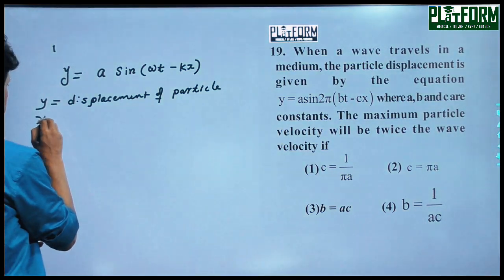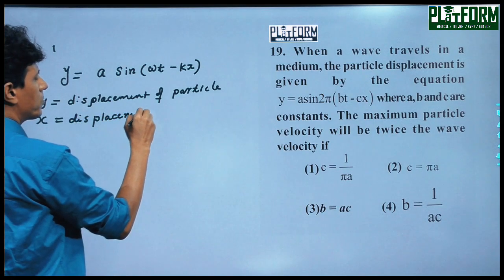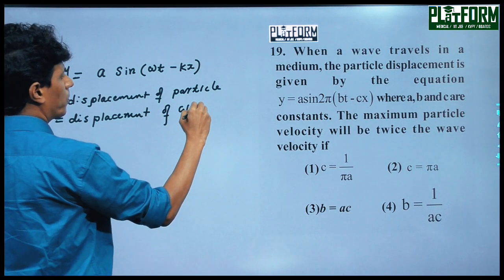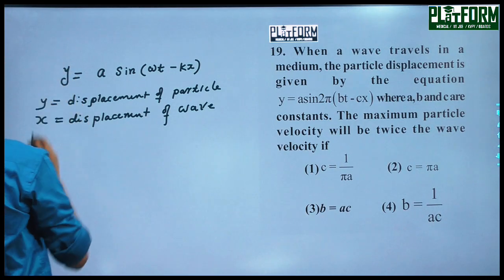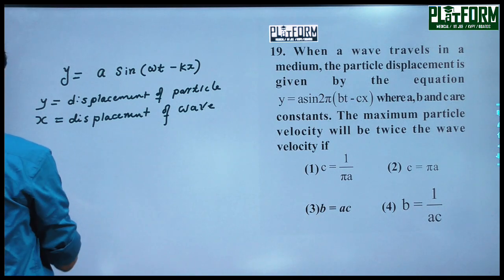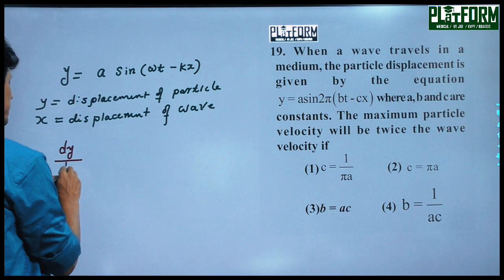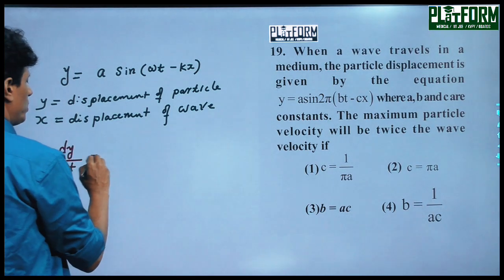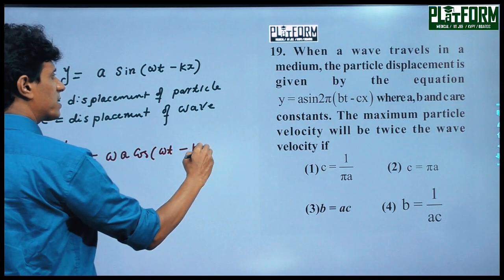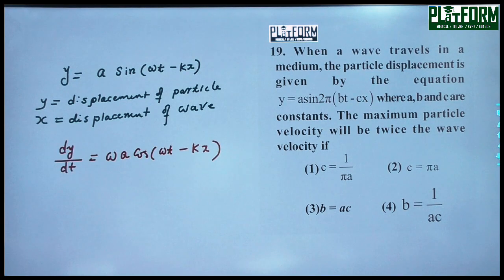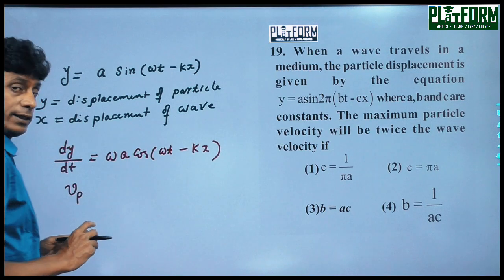And x is the displacement of wave. So differentiating both sides with respect to time, dy/dt is actually omega a cos(omega t minus kx). dy/dt is the particle velocity at the path of wave.